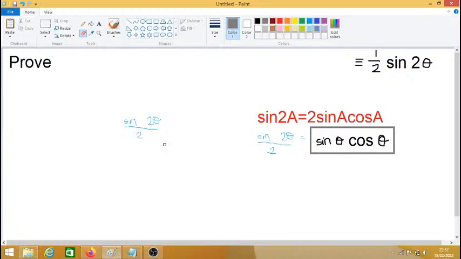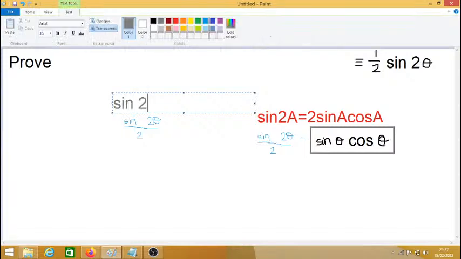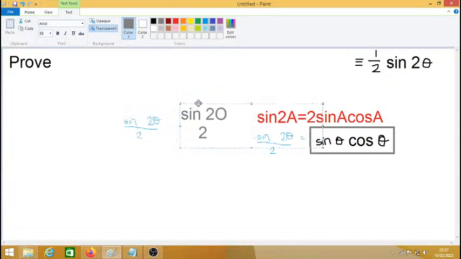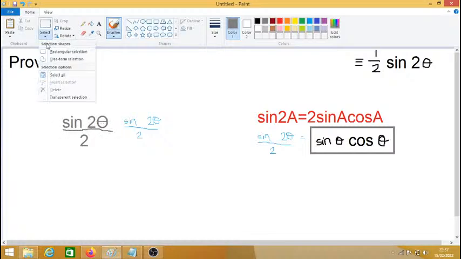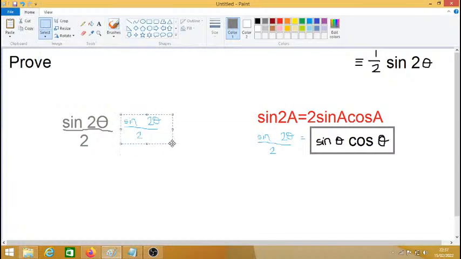That's just 2, normal 2, not minus 2. So let's write that properly. So I've got sine 2 theta over 2. So I've simplified as much as I can. There's nothing really more I can do. So now it's just to compare.